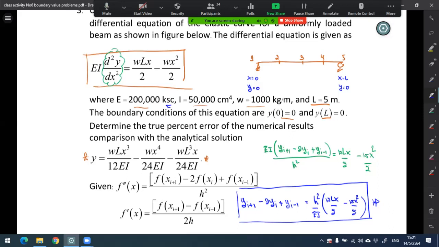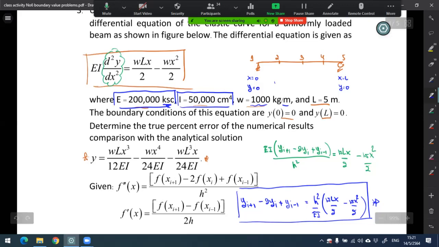But I think because we have E, the elastic modulus, in units of ksc, that is kilogram per square centimeter, and I, the moment of inertia, in terms of centimeter to the fourth power, it may be easier to change just the load.